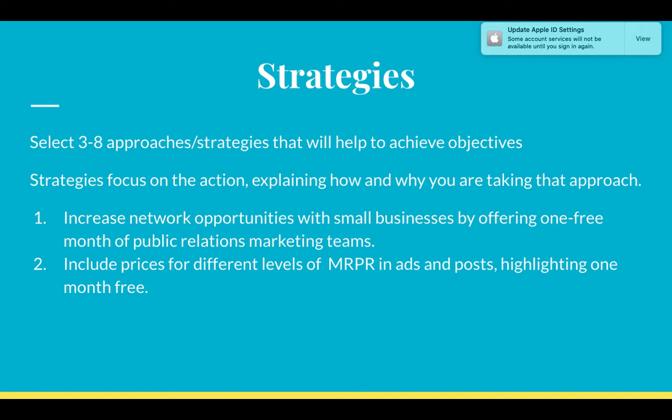The first objective would be the Moorpark Reporter's community awareness, so you're building the brand name out. The second would be increasing that brand awareness. The MRPR, which is the Moorpark Reporter's public relations, would be accepted as a public relations side, and then ads and posts from small businesses on their website would come because they have clients. So they're being effective in their public relations. So how are they going to do that?